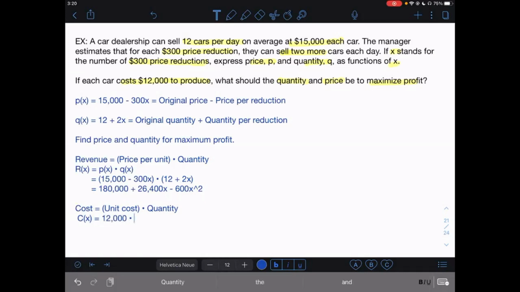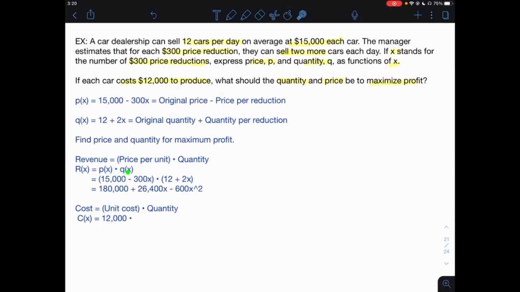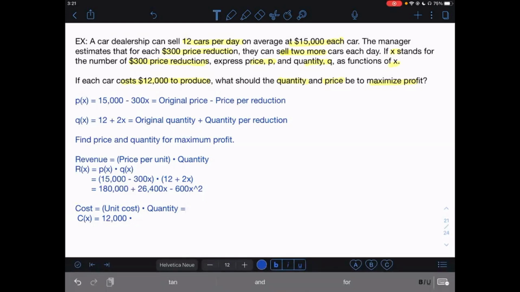We're going to multiply this by how many cars we're going to make, which is being represented by our quantity function, Q of X. So 12,000 times Q of X, where Q of X we defined as 12 plus 2 times X. So the cost function is the unit cost multiplied by the quantity function, 12,000 times 12 plus 2X, which gives us a cost function of 144,000 plus 24,000X.